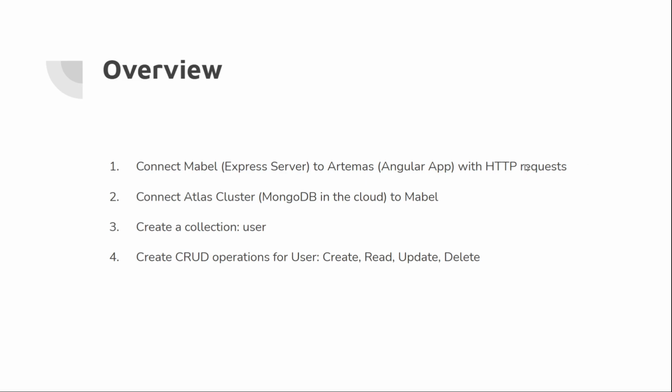And when it comes to the HTTP methods, create is post, read is get, update is put, and delete is just delete. But we'll cover these in more detail as we go along with the video. As I mentioned before, this is just an overview, so let's go ahead and get started.